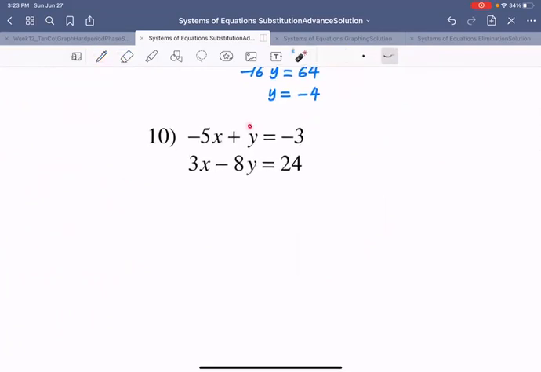Hold on. You want to solve the y first, okay? Y equals... You plus 5x for both sides, right? Yes. This canceled, so y equals 5x minus 3.